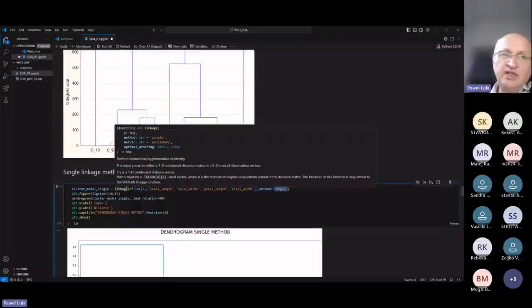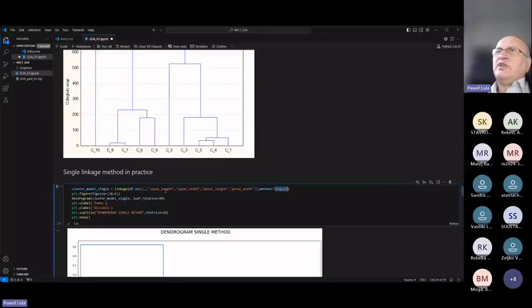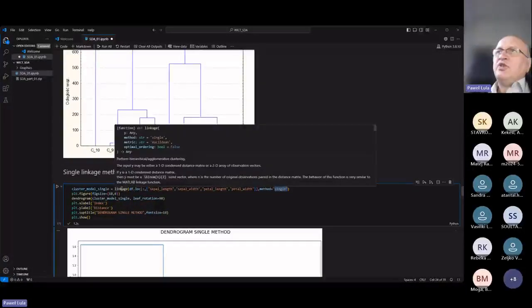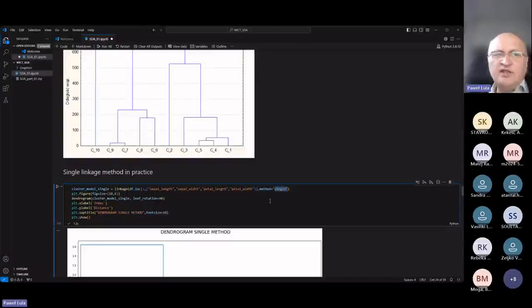It is a Euclidean method. We see here the definition of this function, so if you like, you can change it. But I think that when we are talking about numerical variables describing objects, Euclidean distance is very, very good.